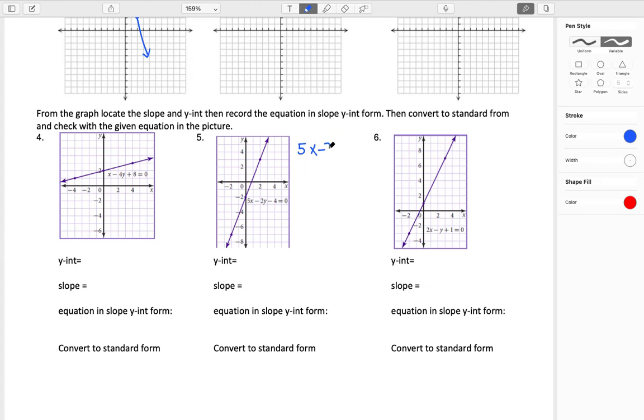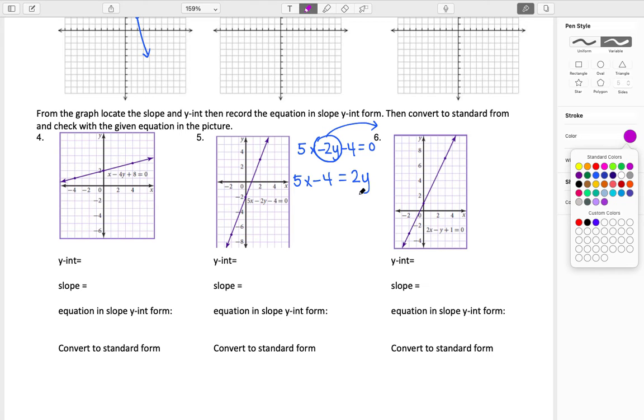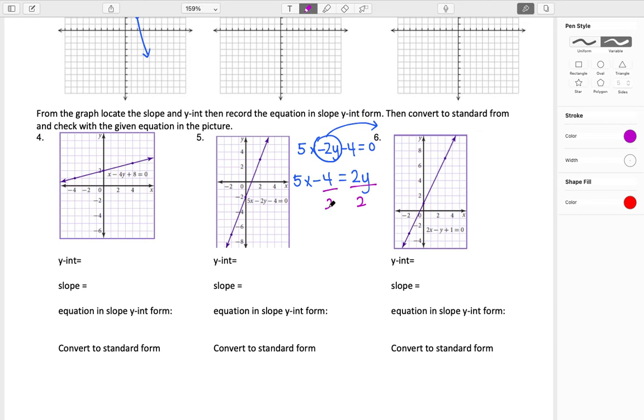So 5x minus 2y minus 4 equals 0. I want to isolate for y, so I'm going to move 5x, or actually I can move negative 2y to the other side. So I have 5x minus 4, and on the right side I have now positive 2y. So let's divide everything by 2, so it cancels out.